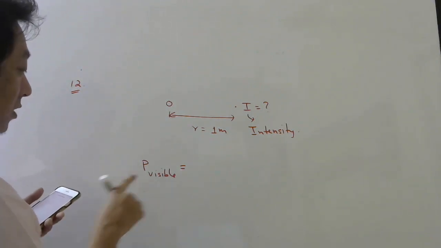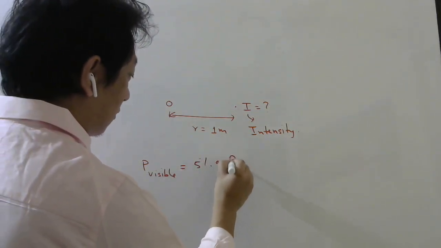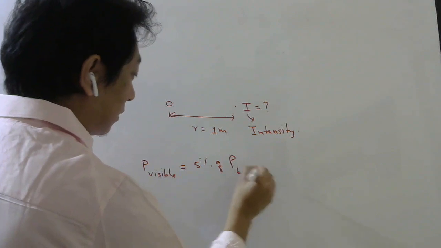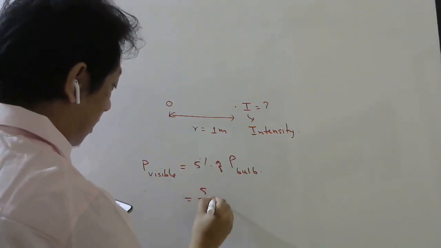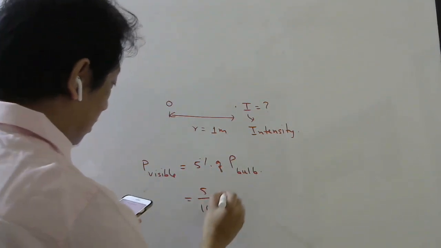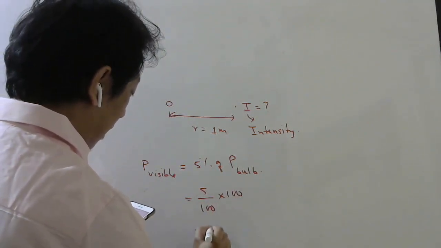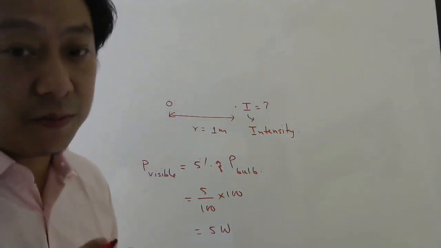So the power of visible radiation will be 5% of the power of the bulb. 5 by 100, and the power of the bulb is 100. So this is 5 watt. Only 5 watt is converted to visible radiation.